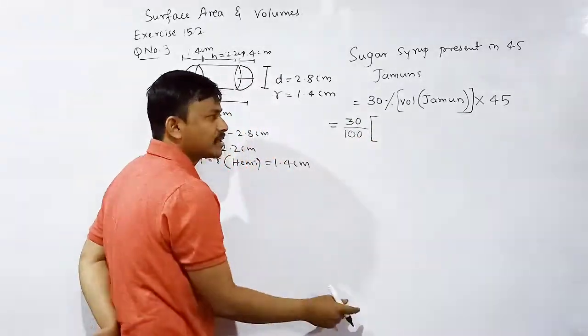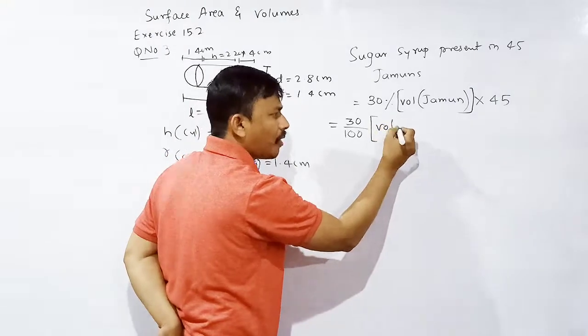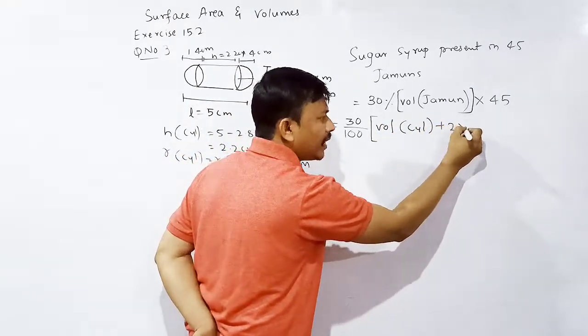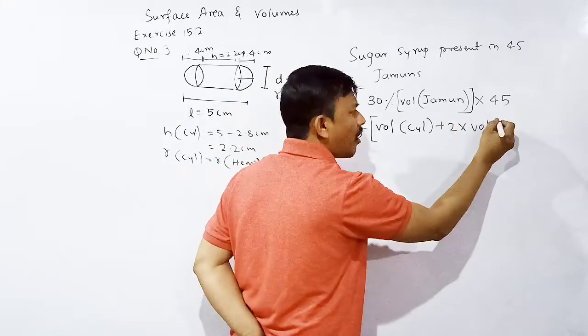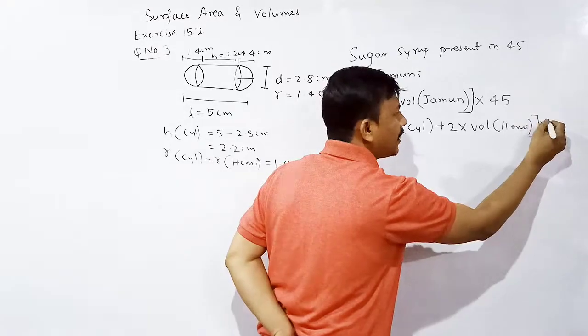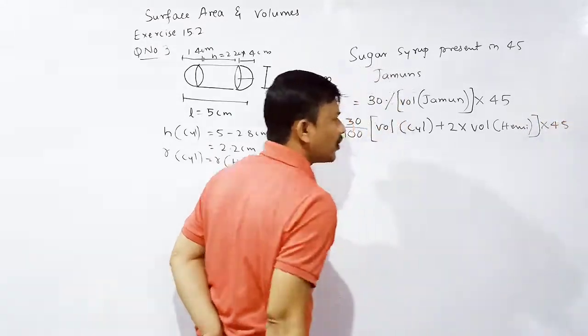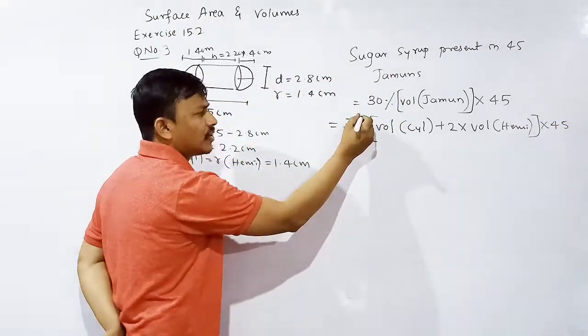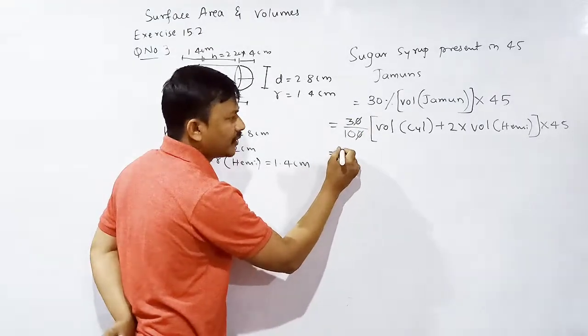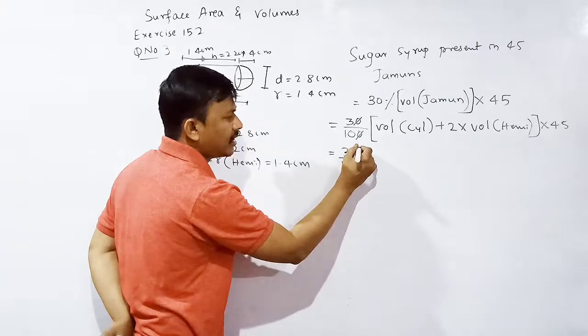Volume of 1 jamun is nothing but what? Volume of cylinder plus 2 into volume of hemisphere. Bracket complete, into how much? 45. The 0s get cancelled. This is equal to 3 divided by 10 in bracket.